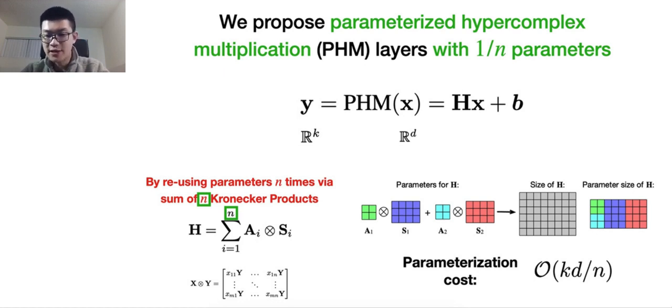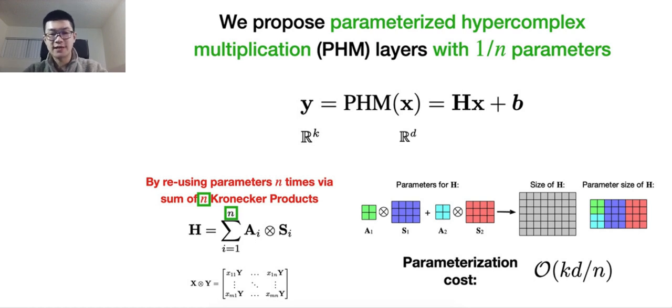As illustrated on the right-hand side, although the constructed matrix H can be of a bigger size, the actual learnable parameter size can be much smaller than the size of H. Mathematically, the parameterization cost of the PHM layer is on the order of kd over n.